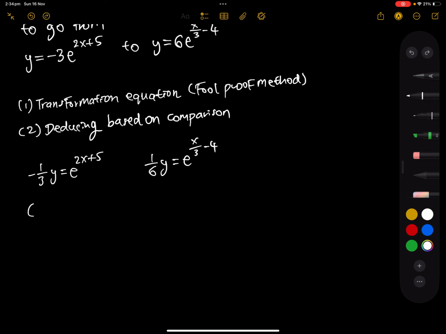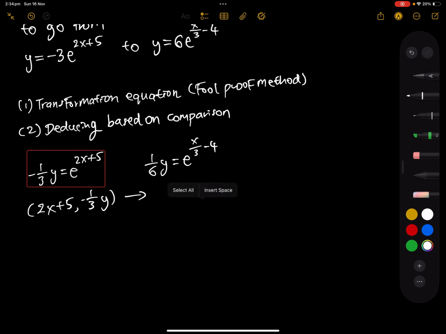I want you to put the part with x and y in a transformation equation. Let me show you how. So for the original function, we'll have this form, where this is our y part and this is our x part.